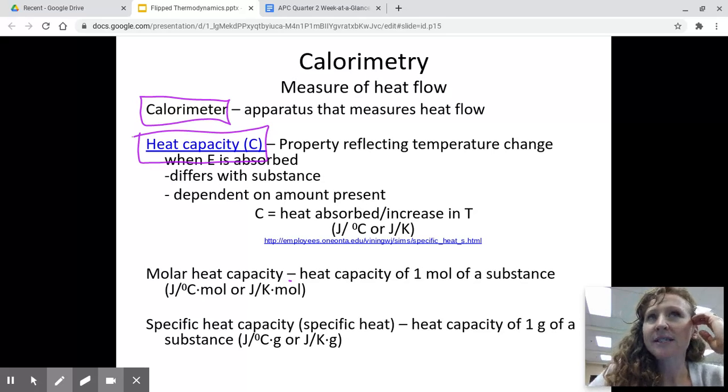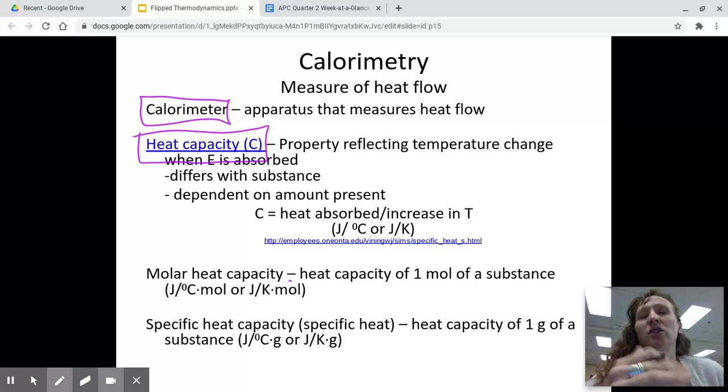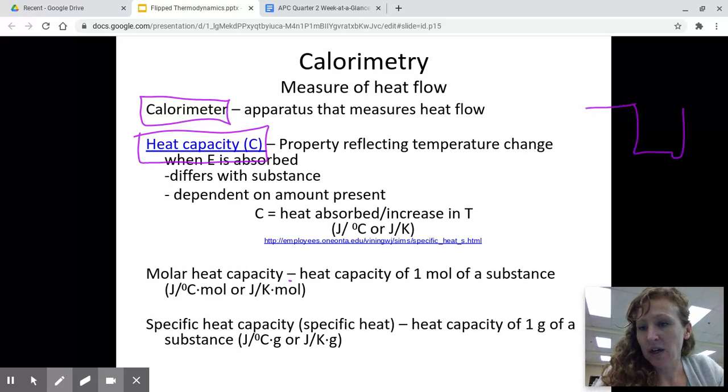So basically, as your thing absorbs energy, how much does the temperature of your thing change? And you can think about stuff sitting on your stove. Let's say you have an empty pan sitting on your stove. Okay, you may have actually done this.